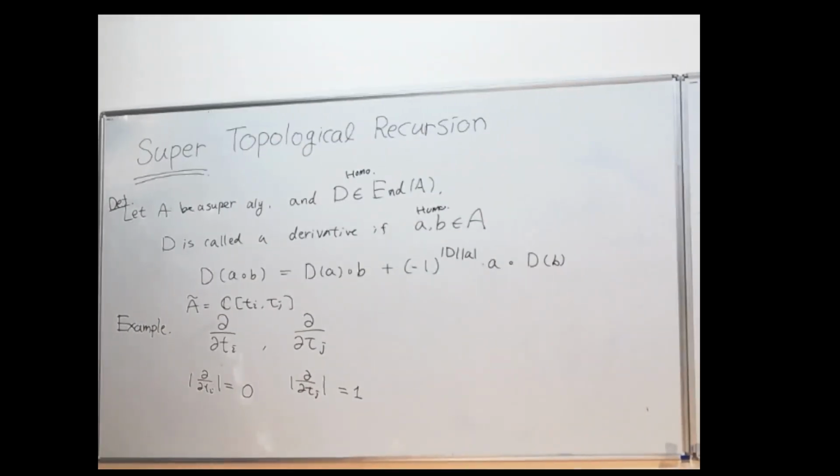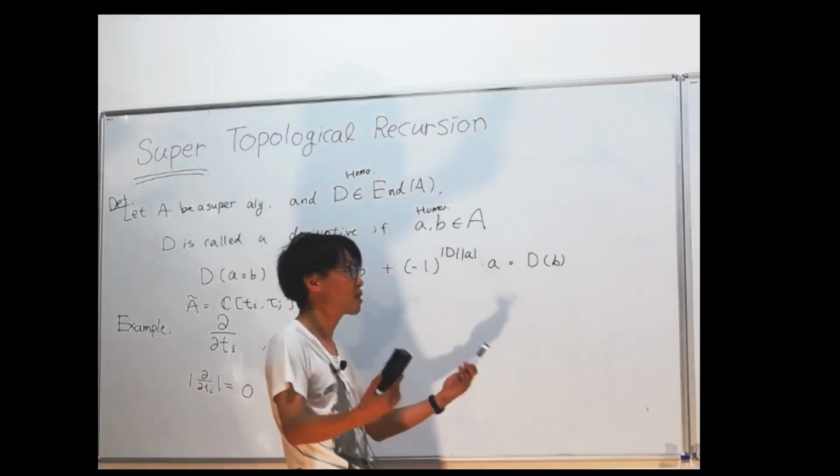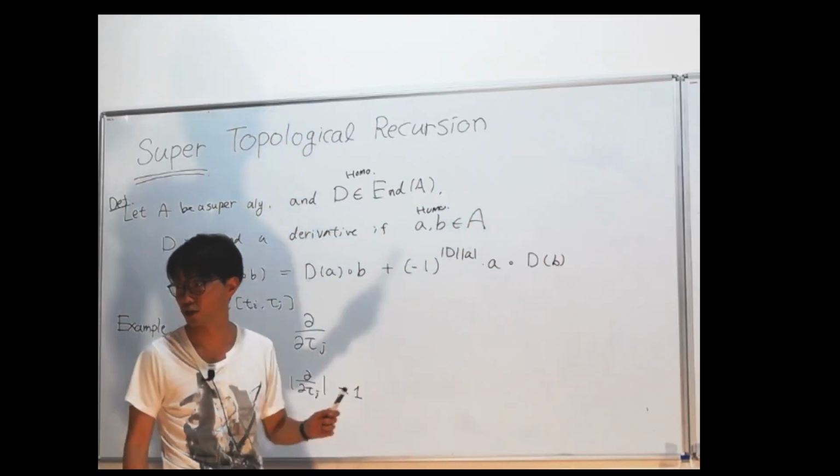Good. All right. Now I want to talk about supersymmetry algebra, which is a particular example, or a particular class of examples, of super Lie algebra.